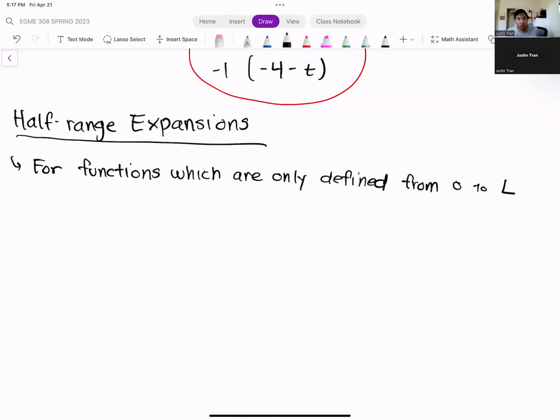In other words, these functions are only defined from 0 to L. In these cases, we can still compute a Fourier series expansion, but we have to make an assumption in terms of what the function looks like on the other side of the vertical axis.